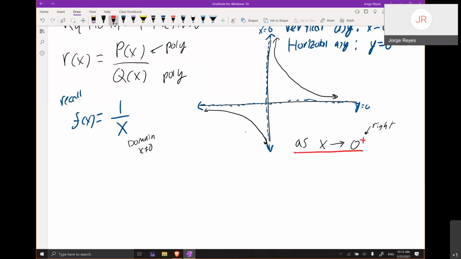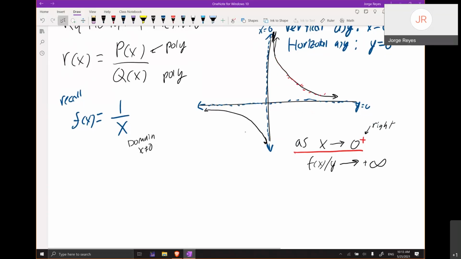So this piece of math says as your x coordinate gets closer and closer to 0 from the right, what's happening? Well, y, or f of x, whatever you want, goes to positive infinity, or it goes up.